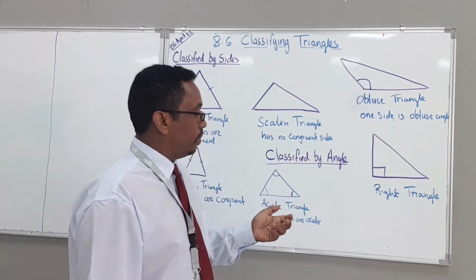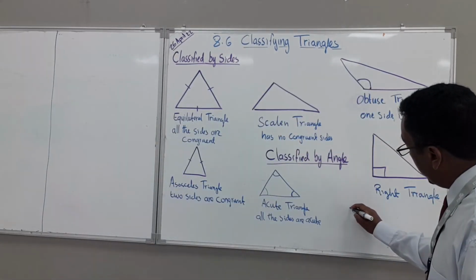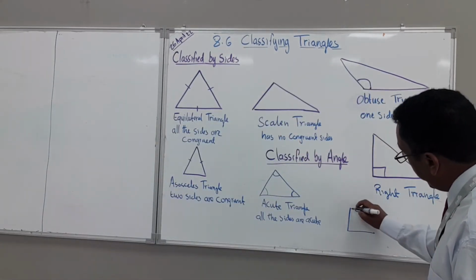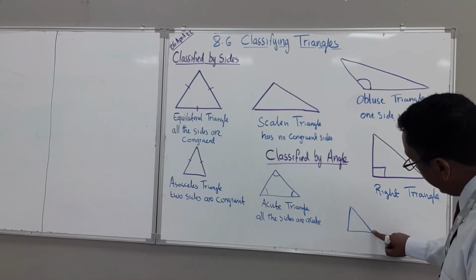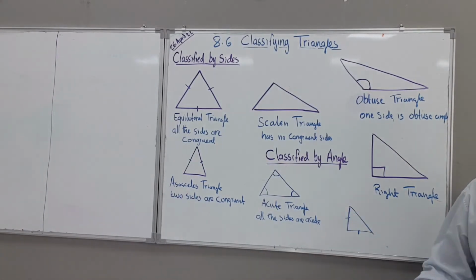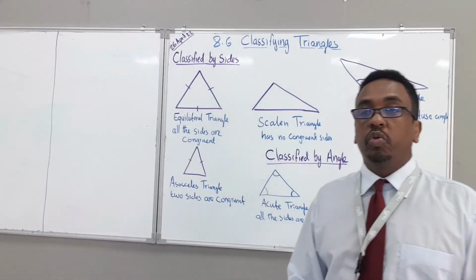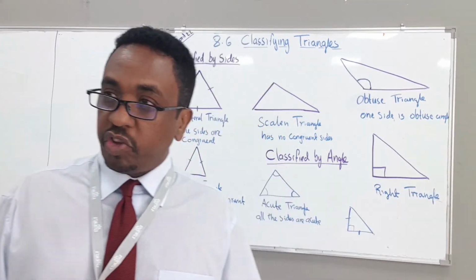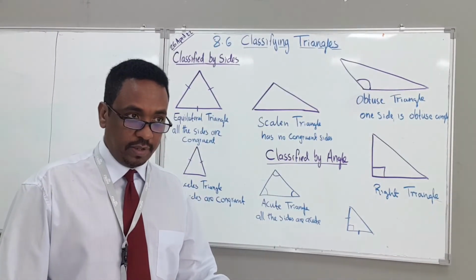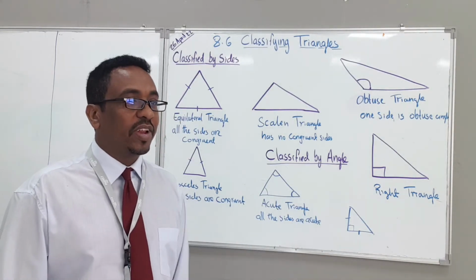If I have an isosceles triangle, this side and this side are the same, right? So it does make it isosceles. But also it will be a right triangle. So if I ask you to describe that, you could call it isosceles right angle.